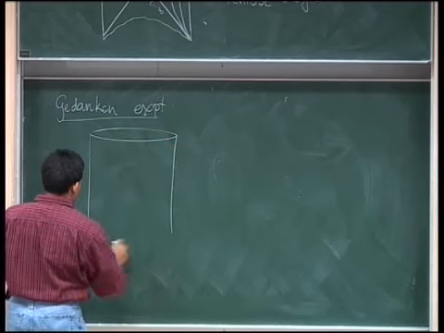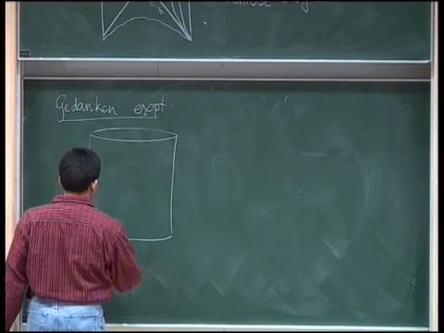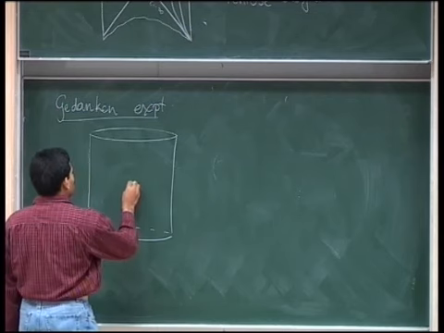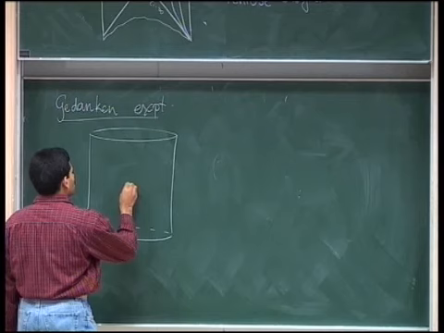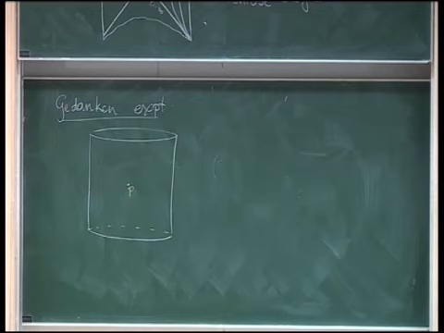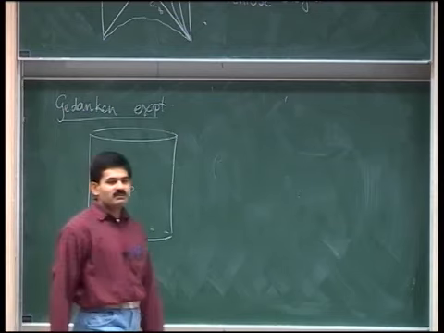So let me start with my soup can picture. I'm going to start with vacuum AdS. And I have some point P somewhere in the bulk.